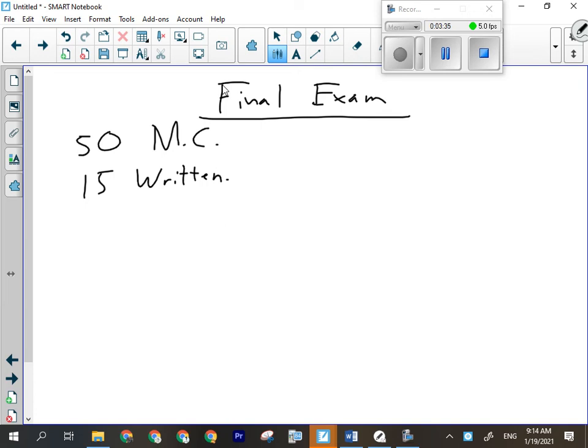Then there's 2 where you have to predict the products. So I give you the reactants in words. You have to write them out, predict the products, balance. Exactly the stuff that was on your chemical reactions assignment at the end of the chemistry unit. What was that one again? So predict the products.